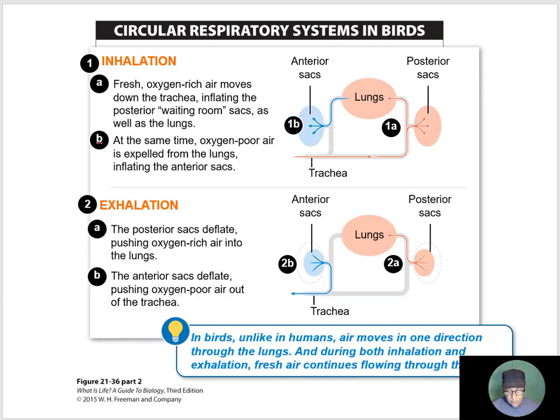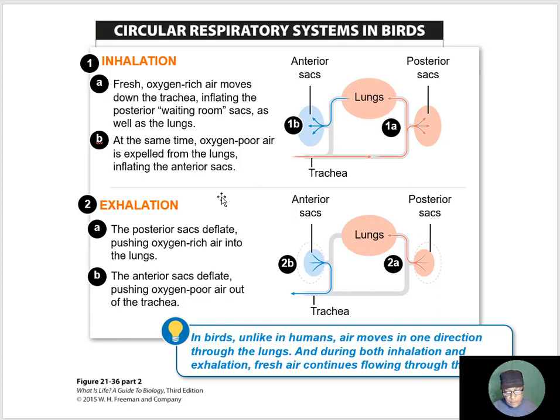So with an inhalation, we've got the fresh oxygen-rich air moving down the trachea, inflating the posterior, quote, waiting room sacs, as well as the lungs. And at the same time, the oxygen-poor air is expelled from the lungs, inflating the anterior air sacs.